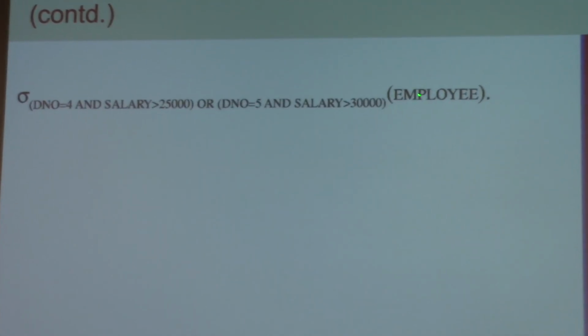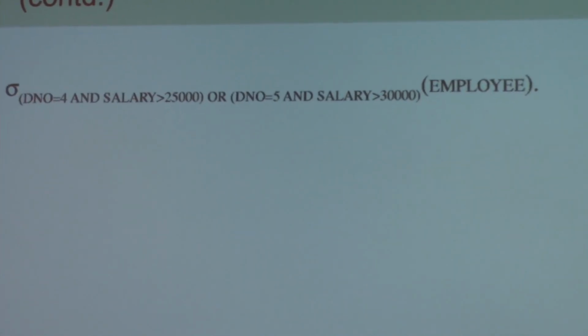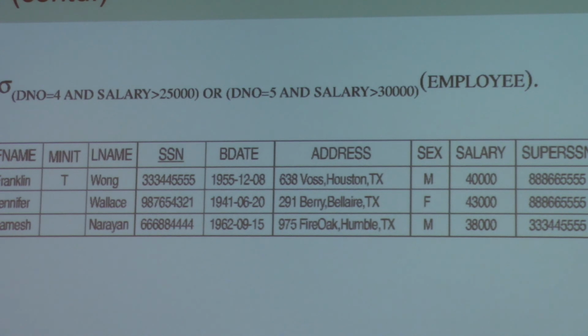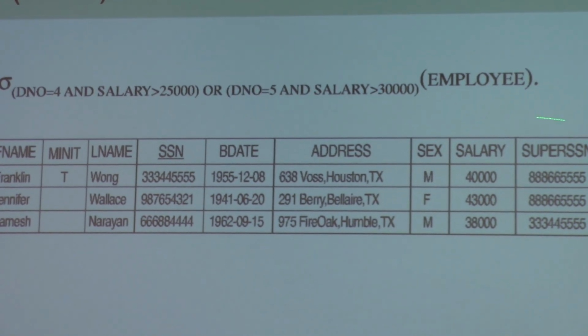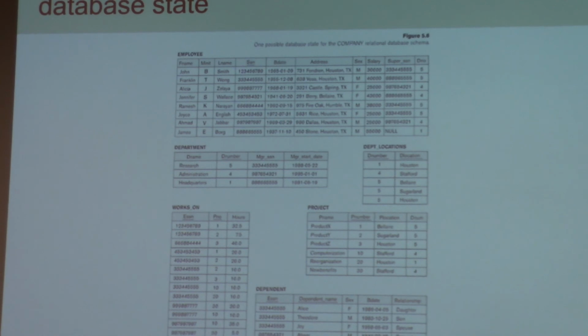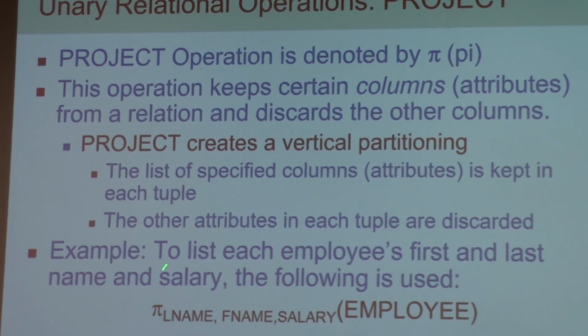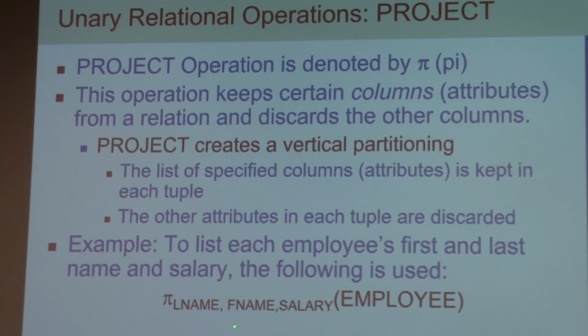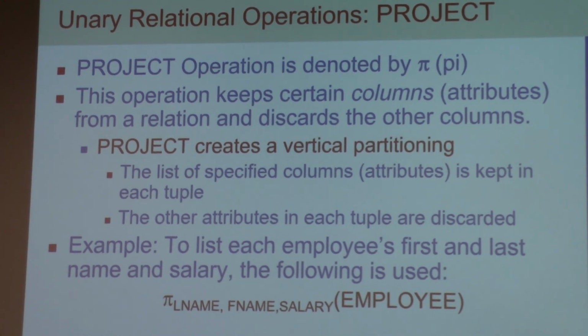I try to retrieve the employees who work for department number 4 and salary is higher than 25K, or from department number 5 and salary is higher than 30. So I want this one. Okay? And the output will be like this one. All tuples will be returned. Okay, then for the project, I want to specify the list of attributes, like this one.